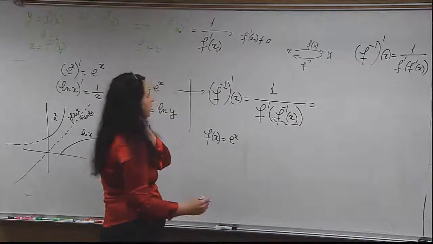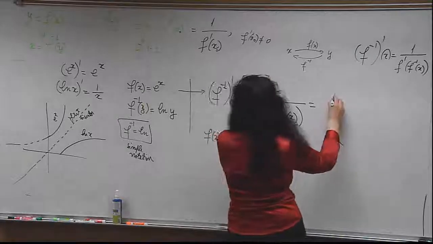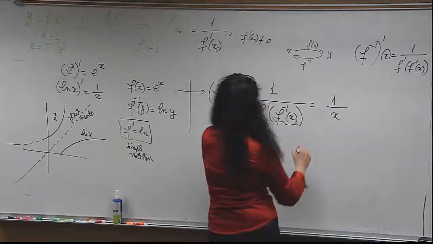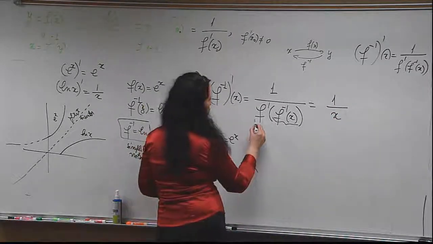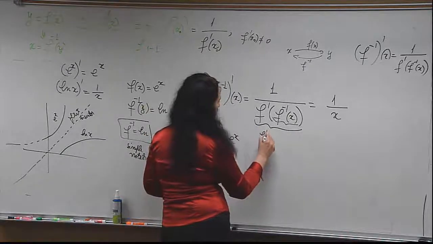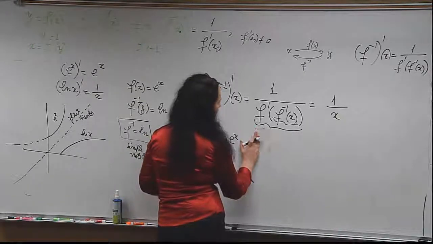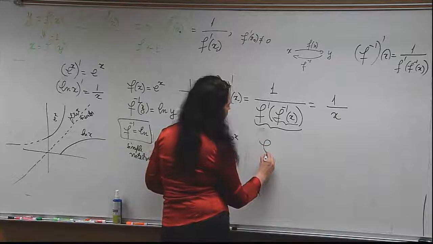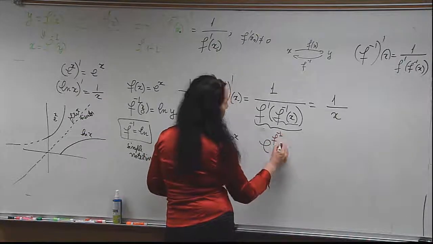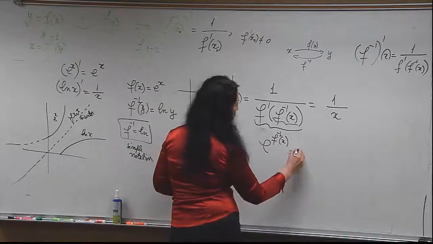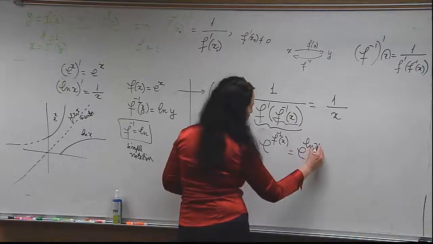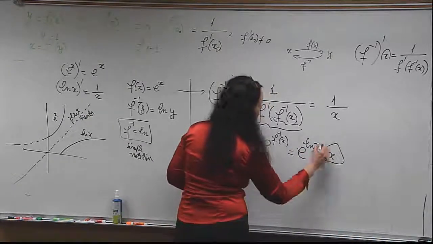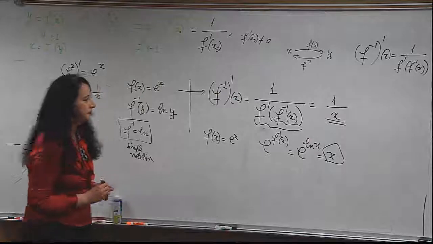But in any case, I want to convince you that this is 1 over x. Why? Because f prime is e to the x, right? This is going to be e to the f inverse of x, which is e to the natural log of x, which is x. That's why I have x here.